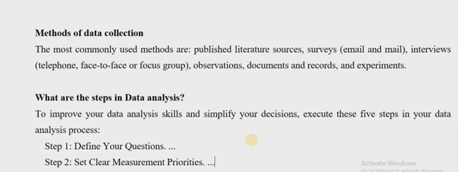Step 2. Set clear measurement priorities. What method do you intend to use in analyzing your data? You've set out the question, you want to use interview, you want to use questionnaire, you want to get a statistical bulletin. You want to carry out the experiment, you set out your question. Then set the clear measurement priority you want to use.